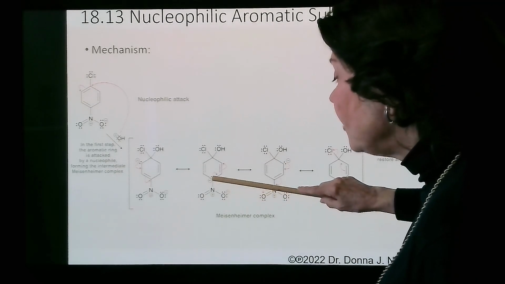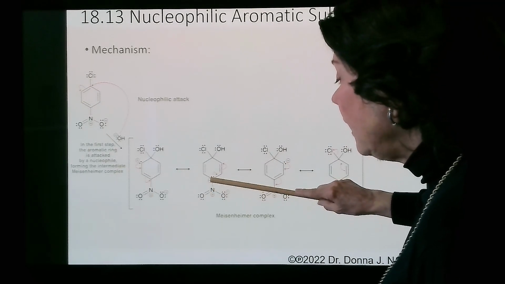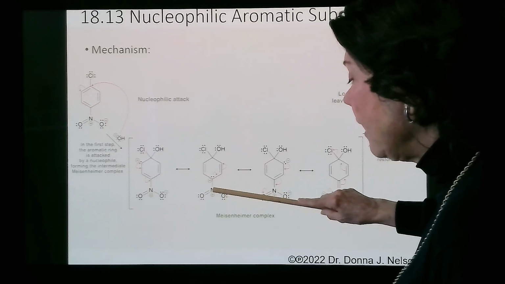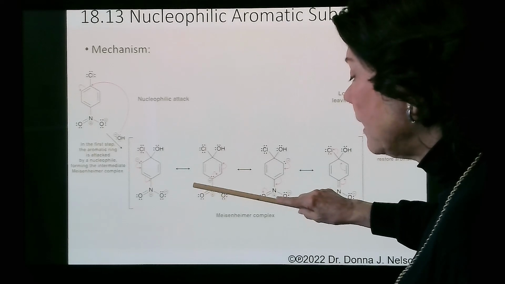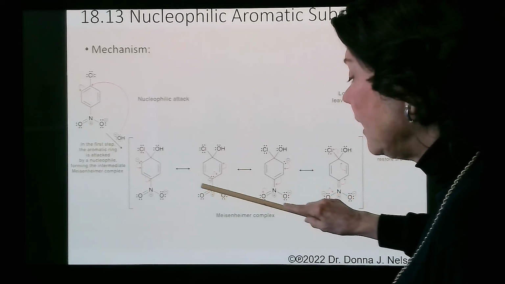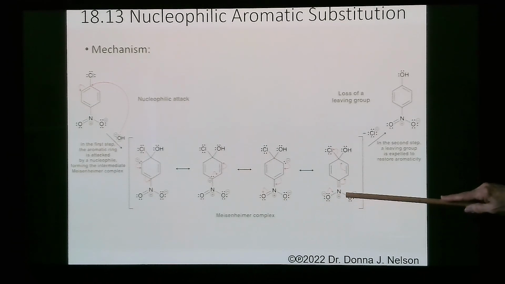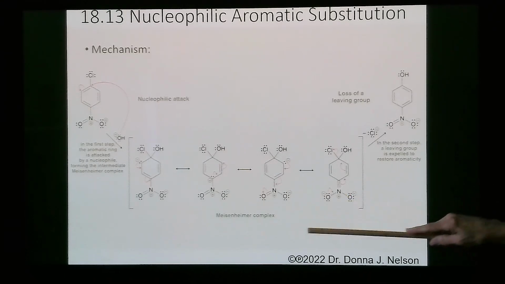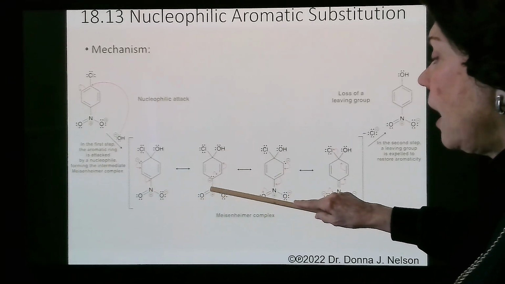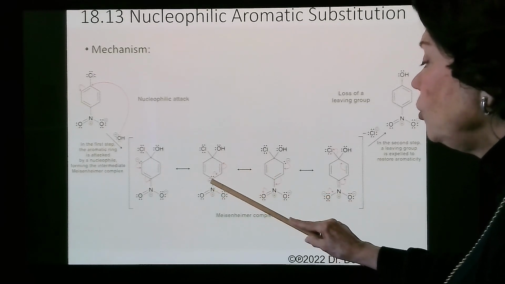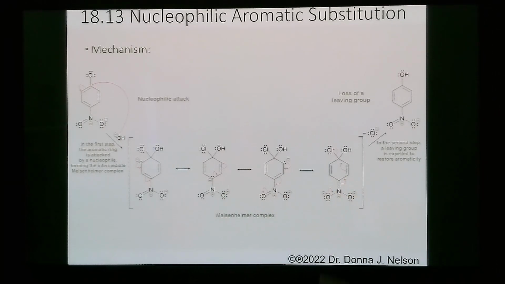And so when it's in this position, you can draw a resonance structure such that that pair of electrons comes down onto nitrogen and a pair of electrons moves out of the NO bond onto oxygen. And so here is the resonance structure that is available when you have the electron withdrawing group, the nitro, in the ortho or para position. If it's meta, you cannot achieve this additional resonance structure that will stabilize that anion.